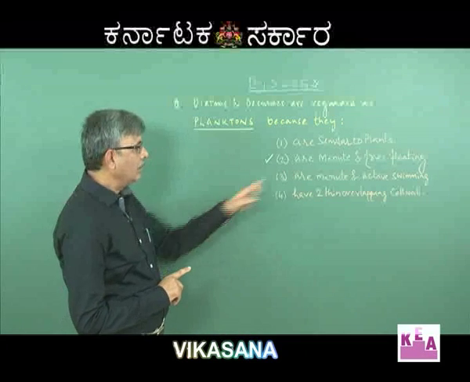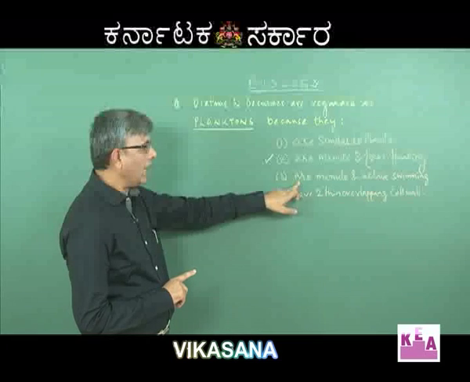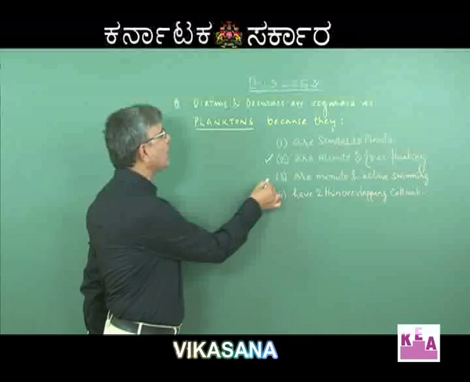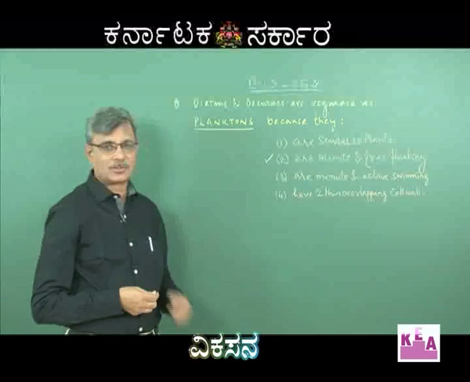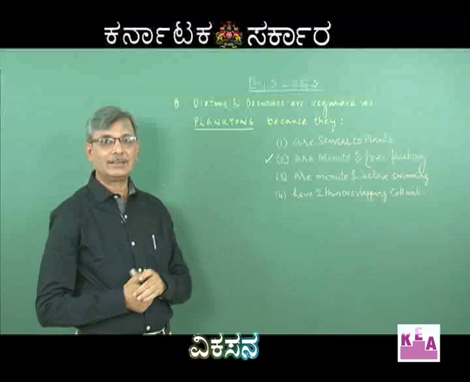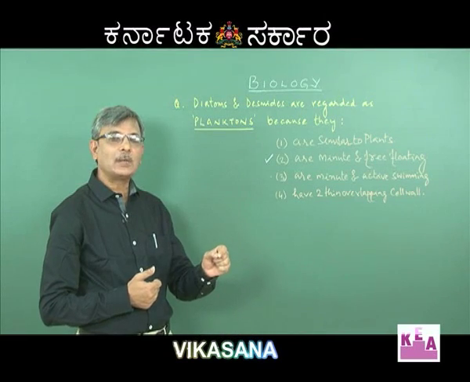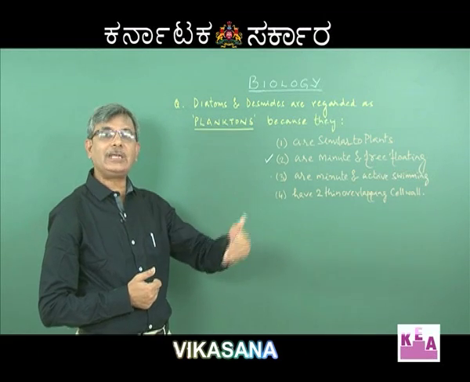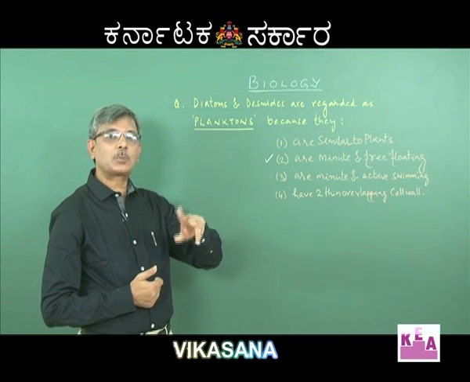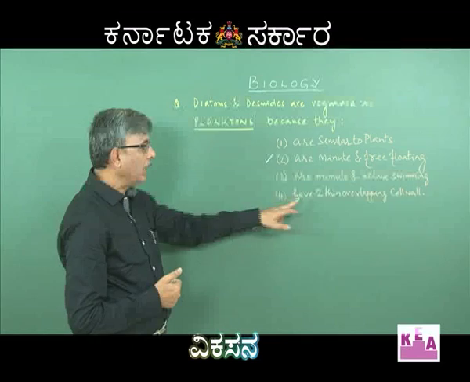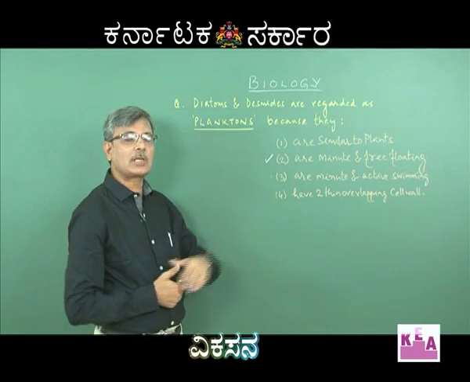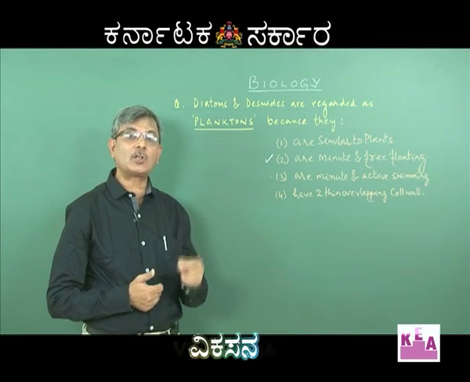Second one, we know, minute actively swimming organisms, these are called nektons, free swimming. They can move from place to place by their activity, they can get displaced. Last one, have two thin overlapping cell wall. That is one of the features of diatoms.